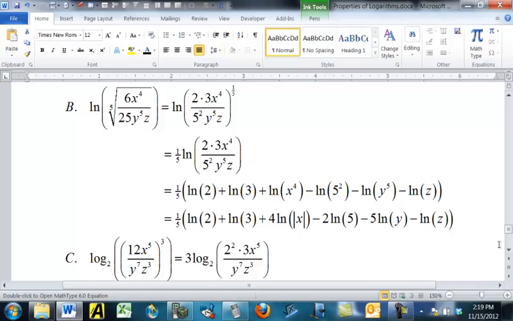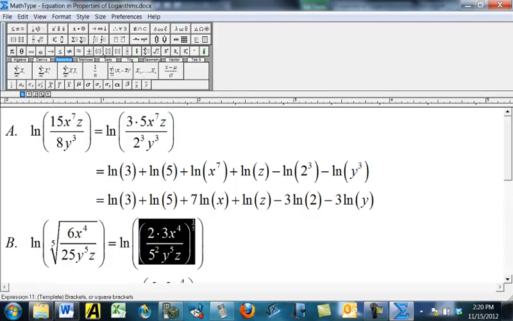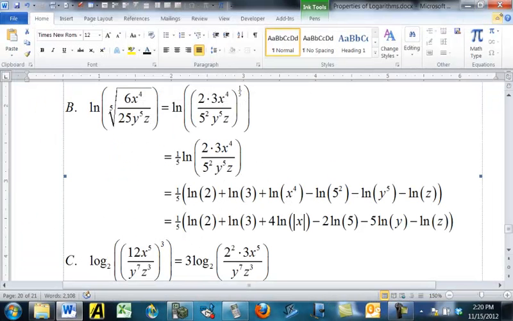Okay, so I'm going to rewrite all of this stuff here. Actually, technically there should be another set of parentheses right there. That's your parentheses from your function. And then you have 6 is 2 times 3, 25 is 5 squared, and then that whole thing is to the 5th root, which is the 1/5 power.